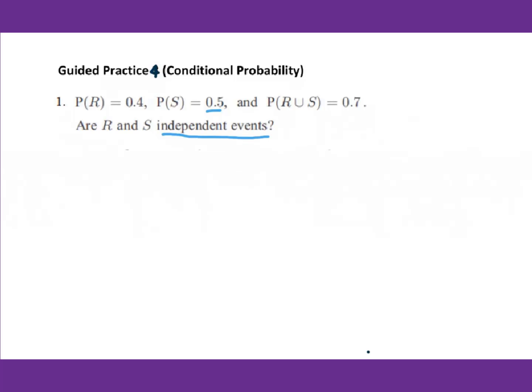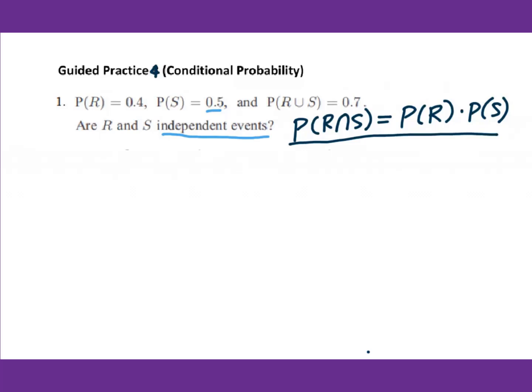You have to use this equation: the probability of R and S equals the probability of R times the probability of S. If this is true, then R and S are independent events.